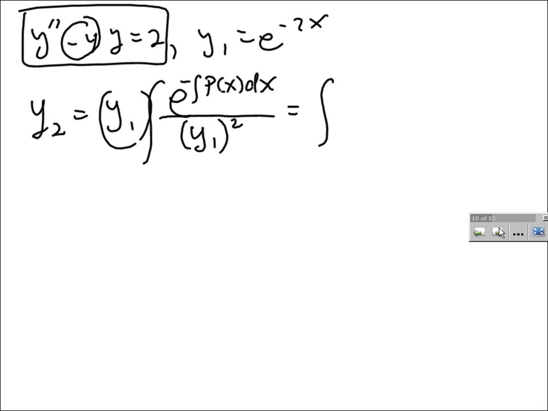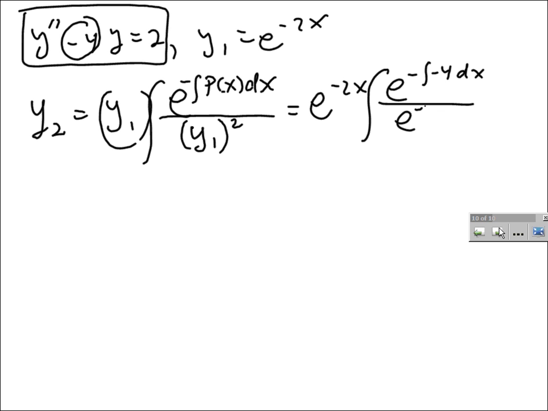Well, y1 is e to the negative 2x times an integral of e to the negative integral of p of x, which is negative 4, dx over y1, e to the negative 2x squared, dx.